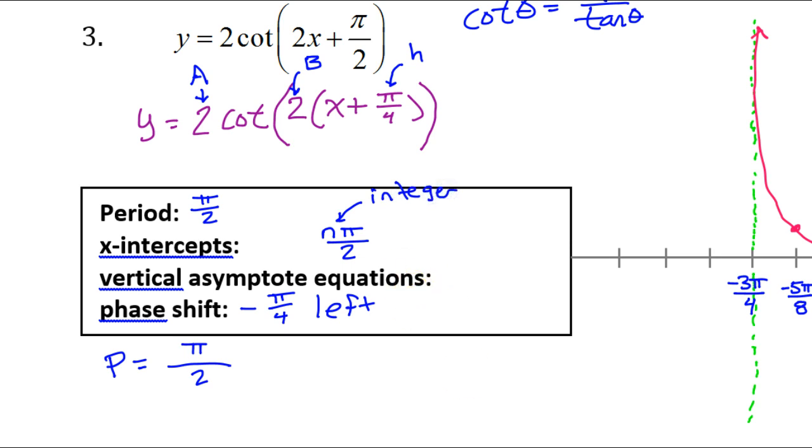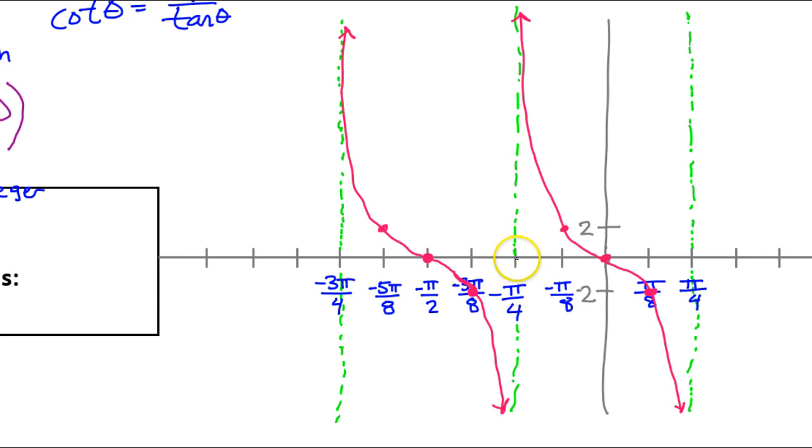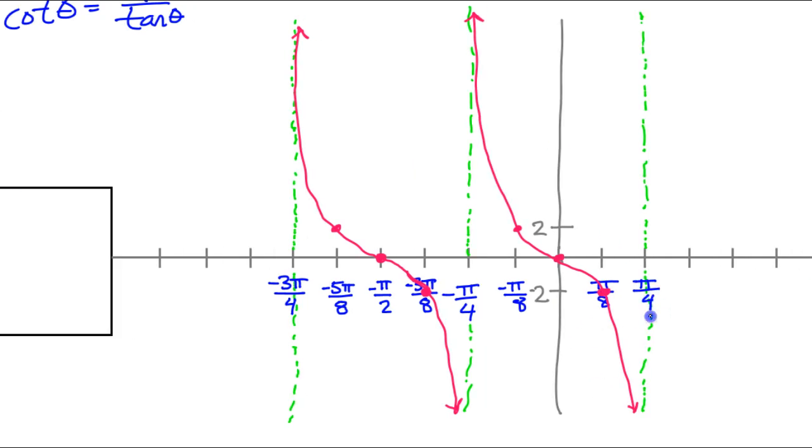Okay, vertical asymptotes. Vertical asymptotes also only happen once every period. Okay, you have to go an entire period before it occurs again. So I've got one positive one over here. For some reason, I'm just biased. I always, on my graph, if there's a positive one, I take the first positive one. So that's pi over 4.